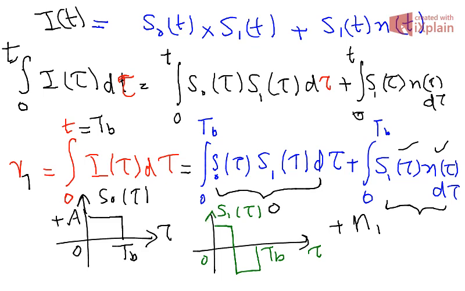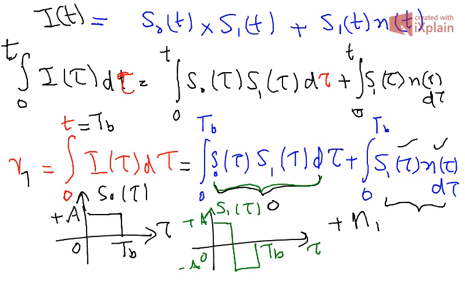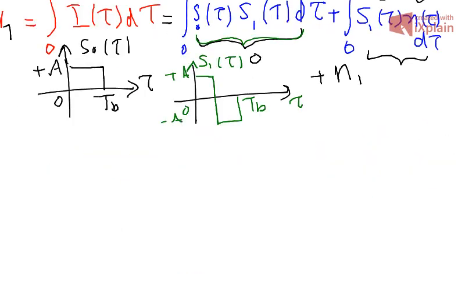So plus A and minus A. So these two waveforms are orthogonal, and from here you get a 0. Their dot product is 0. So actually the received signal R1 value is just N1.